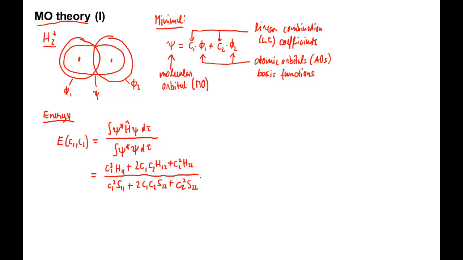Also, we have introduced abbreviations for the integrals. Hij equals the integral of phi i star h hat phi j d tau. These integrals are called matrix elements of the Hamiltonian.